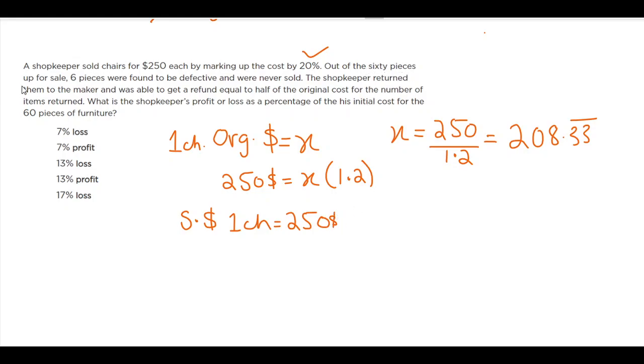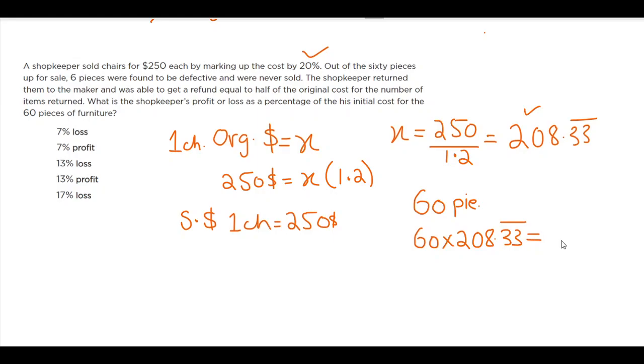Out of the 60 pieces up for sale, 6 were found defective and never were sold. So there are 60 pieces. What does this tell me about the original cost? If this is the original cost of one chair, then for 60 chairs, it's 208.33 with the repeating pattern times 60.